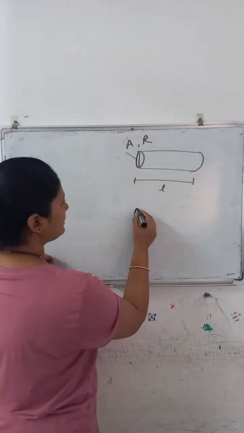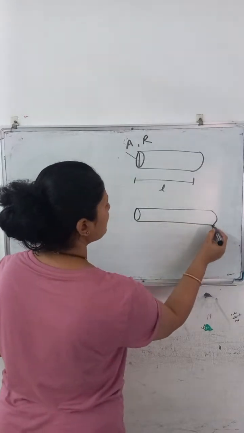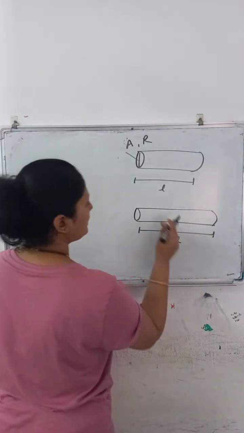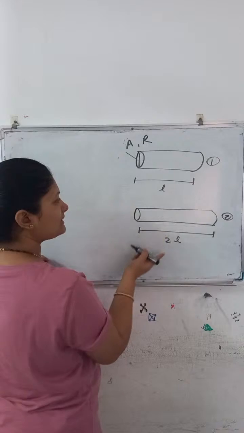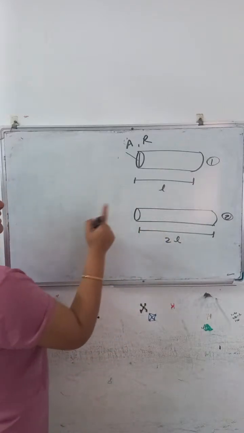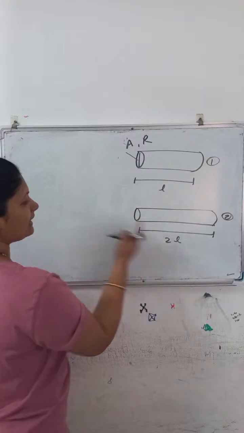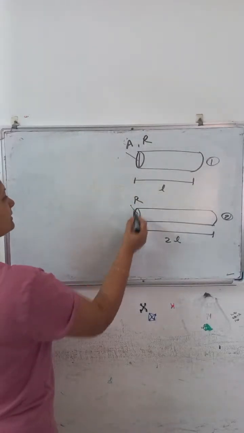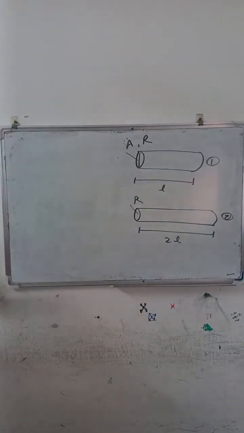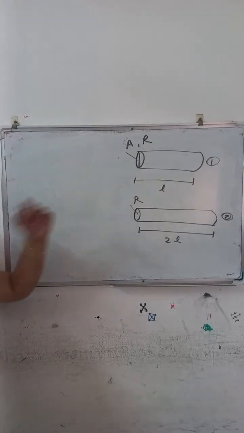So another conductor they took, with length 2L, but the material of the first conductor and second conductor is the same. Here the length is L and this length is twice of L. They have the same resistance, meaning here also it contains a resistance R. Then they are asking what is the new area of cross section of the other conductor. We have to find this out.